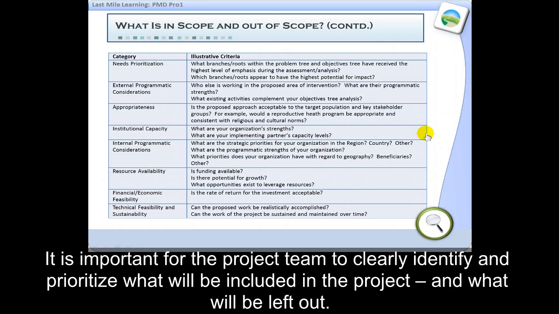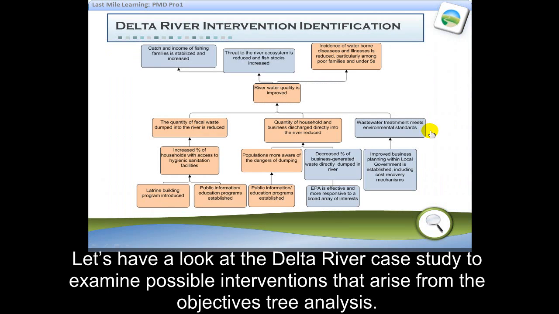It's important that the project team clearly identify and prioritize what will be included in the project and what will be left out.